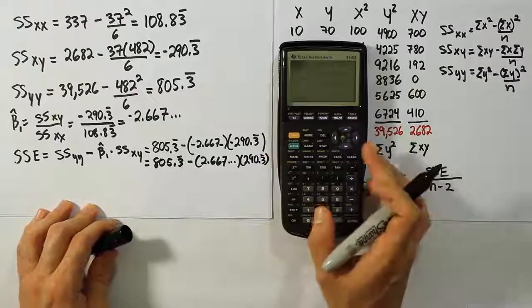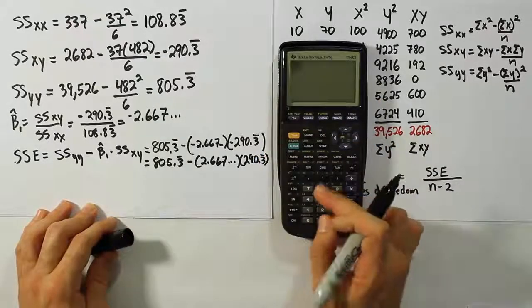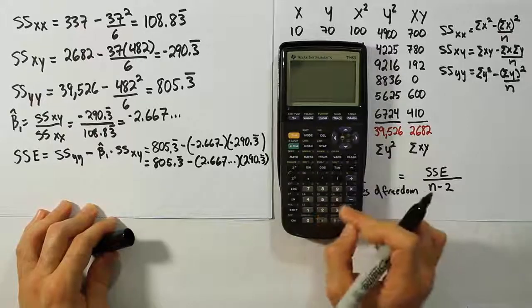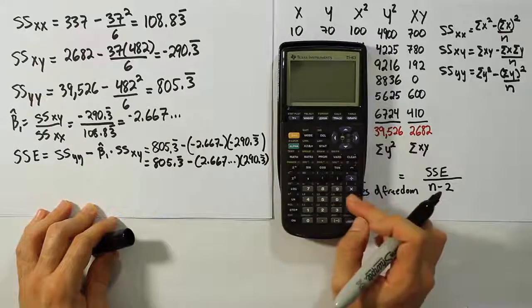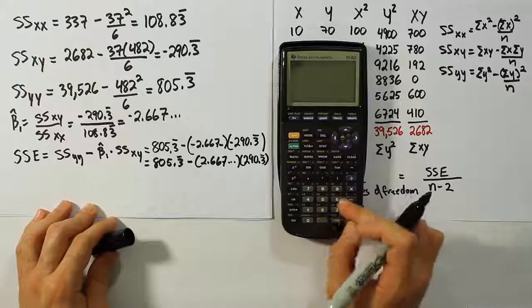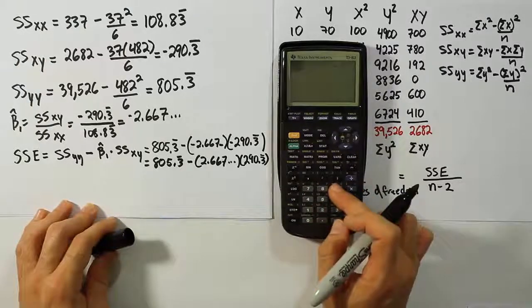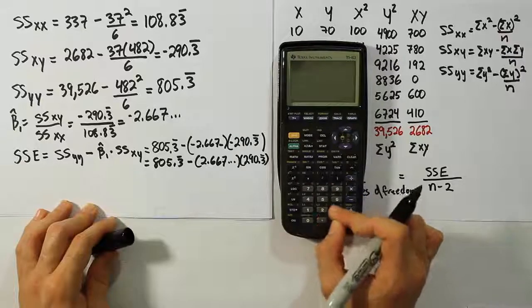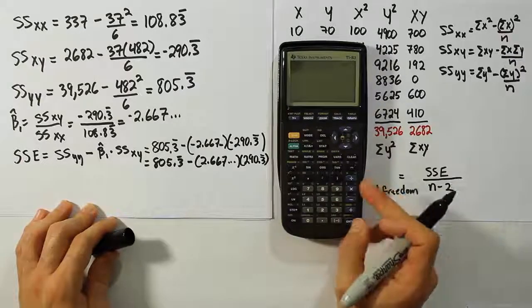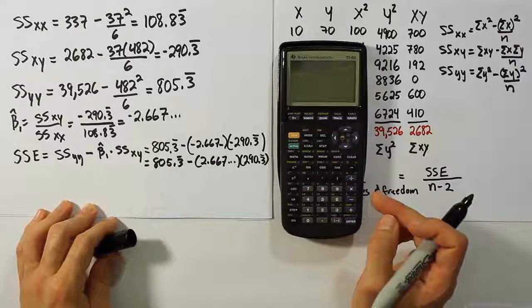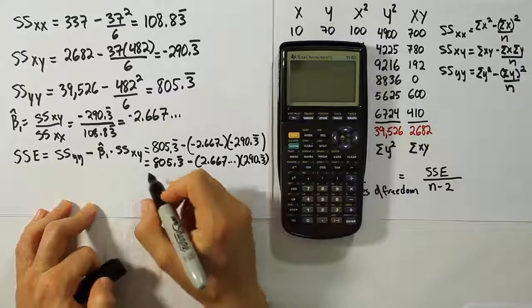Okay, so let's do that now quickly. We're going to say 805.33333 minus 2.667 times 290.33333. And when we're done with that, we get the answer 31.014 or so, right?